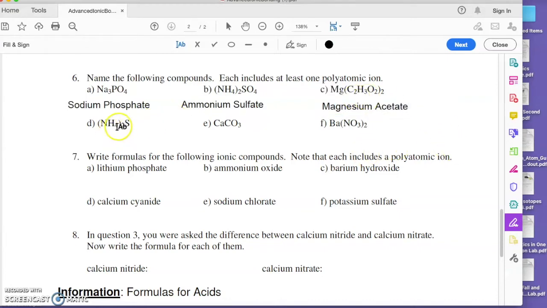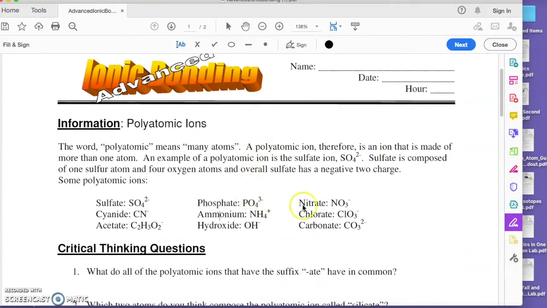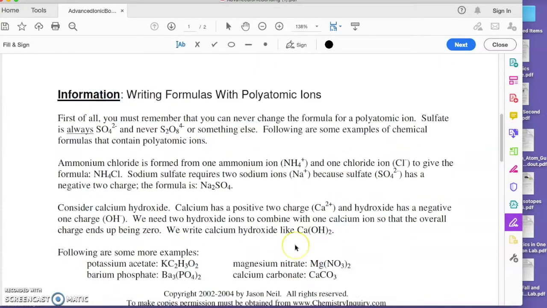NH4 and S. NH4 is ammonium, and S is just sulfur. So ammonium. But remember, sulfur is not just sulfur. If it's the anion, it's an ion. It is sulfide. So CaCO3. Ca is calcium. CO3 is right here, carbonate.